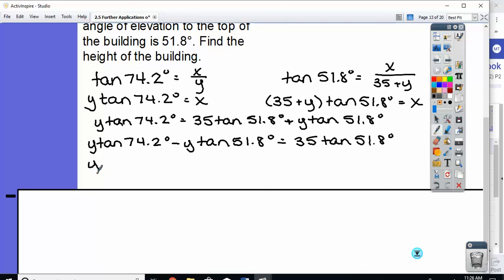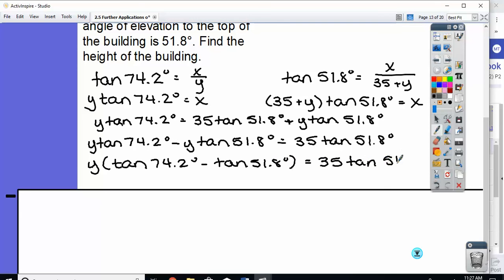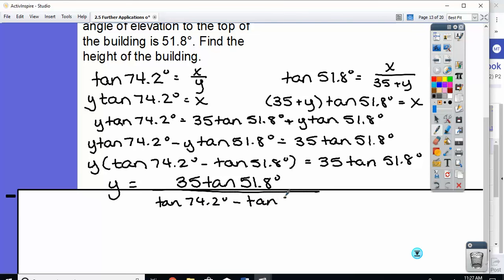If we take a y out of that, they're not like terms, so you can't actually add them, but you could factor out the y. And then we will divide. You have to be very careful on these. When you hit the tangent, it'll open a parenthesis, so you have to close it. You're also going to need another set for your numerator and denominator. Make sure you can plug that in.